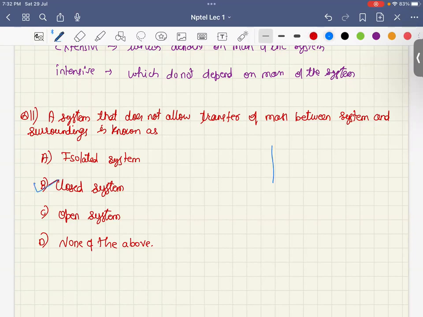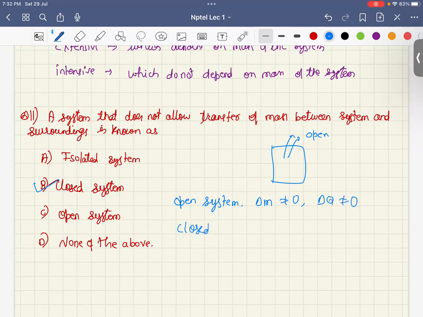A system that allows both mass and heat to transfer is open. So for an open system, delta m is non-zero, and similarly delta q is also non-zero.